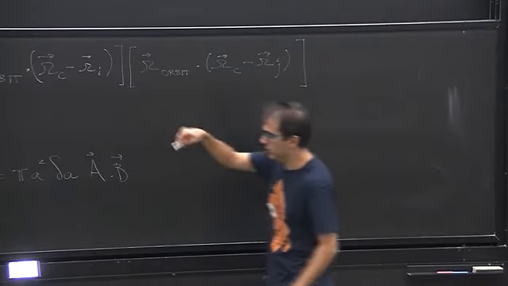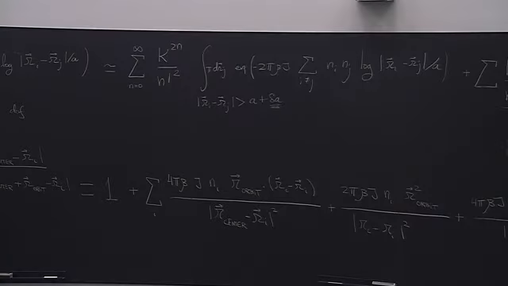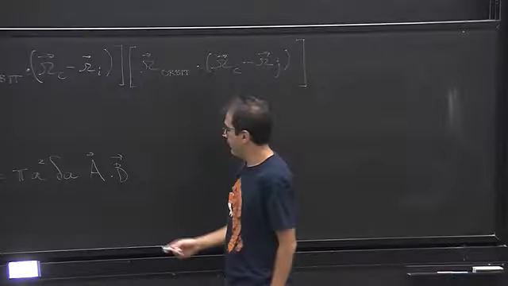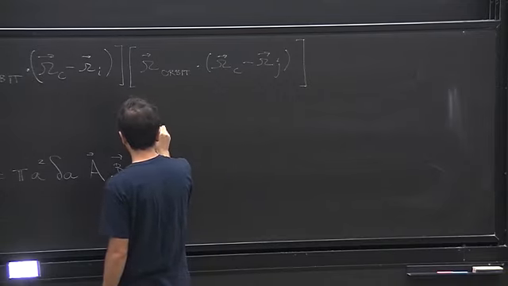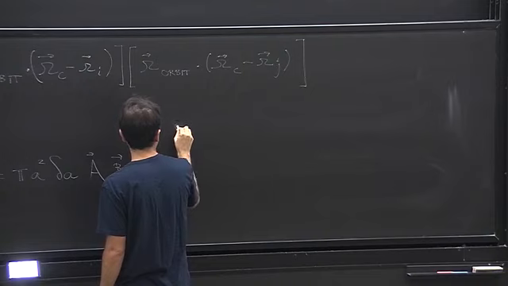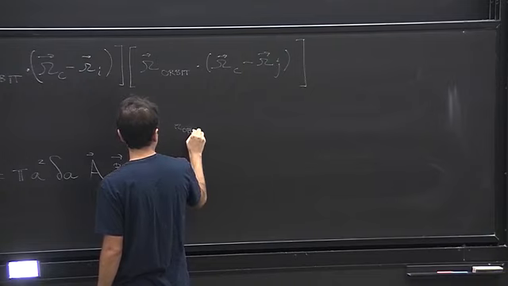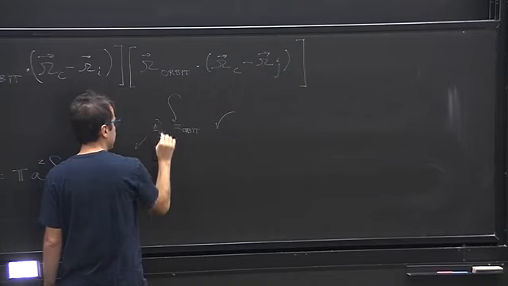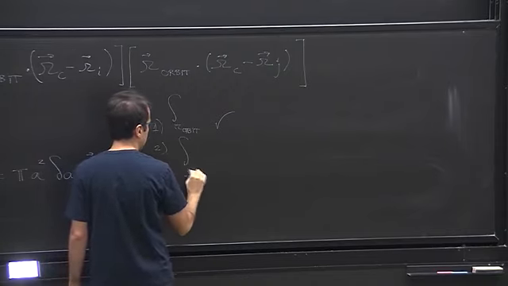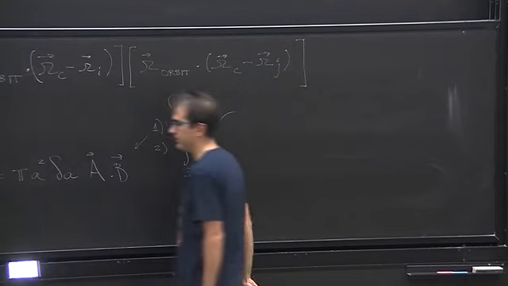We can very easily do the integral over the orbit using integrals like this. Right? So that's the first step. We integrate over our orbit. And the second step, we integrate over the center.